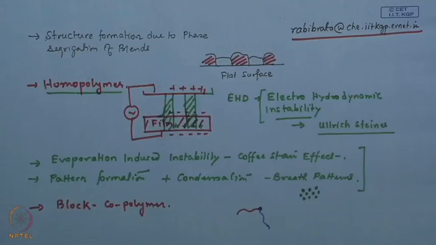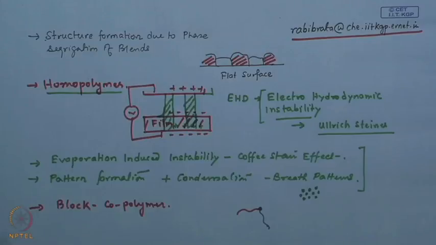Block copolymer molecules to a large extent behave like surfactants. So, there is internal self organization or self assembly depending on the system, depending on the composition, they have their own phase diagrams. And so, these are some of the things which we did not talk about in this course, and I am giving you the clues. You can search some of them in the internet to get some idea about what they are.